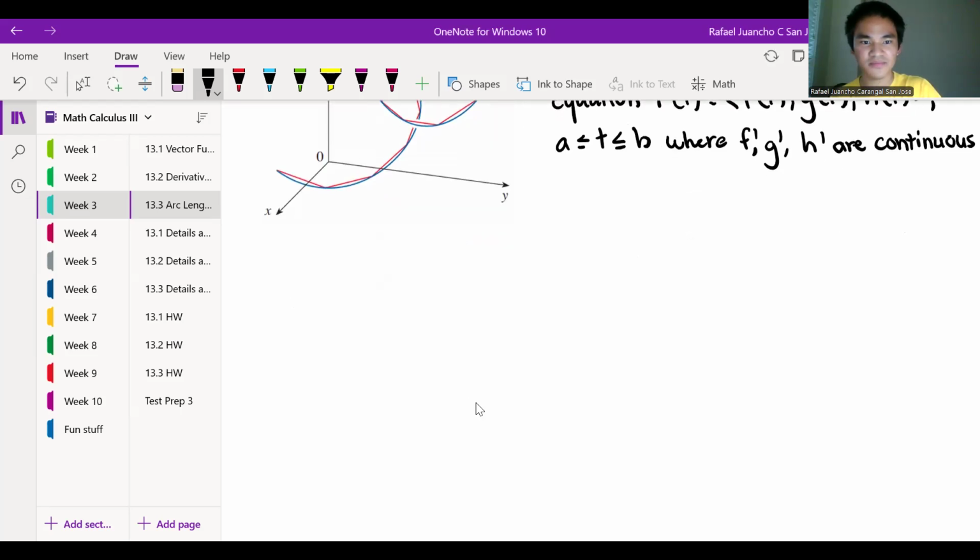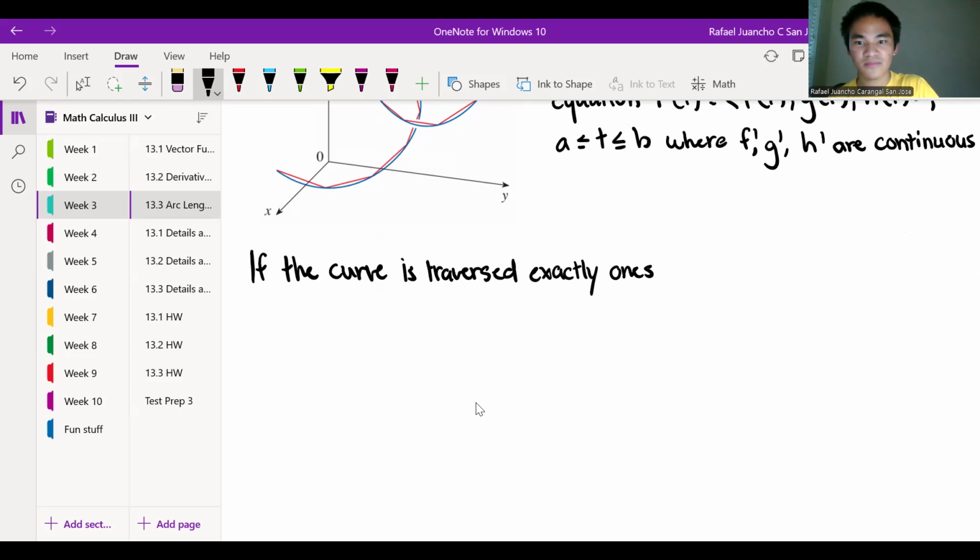So we're saying if the curve is traversed exactly once as t increases from a to b.